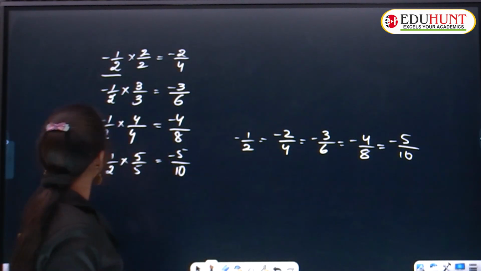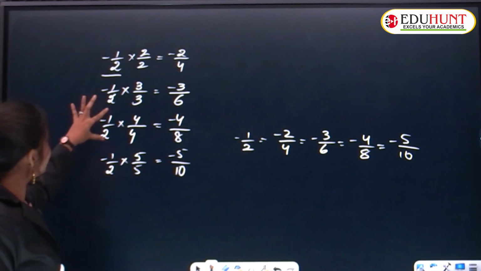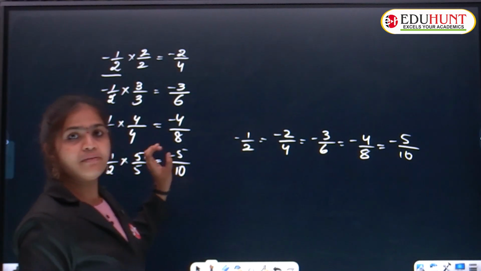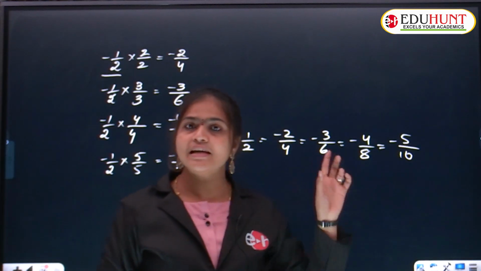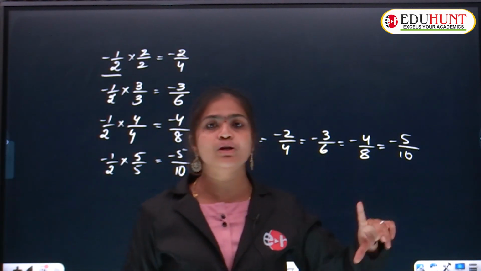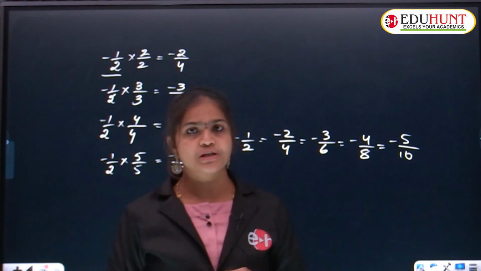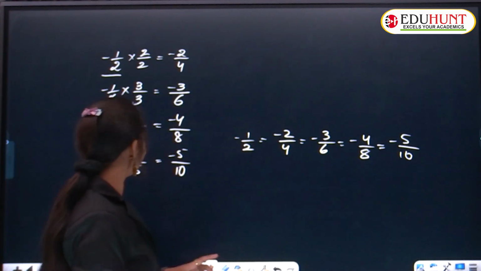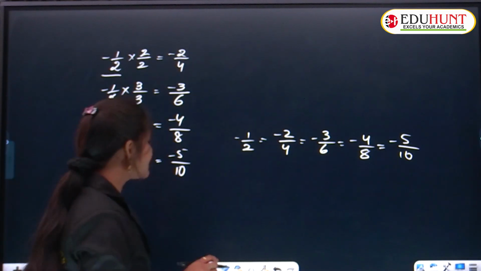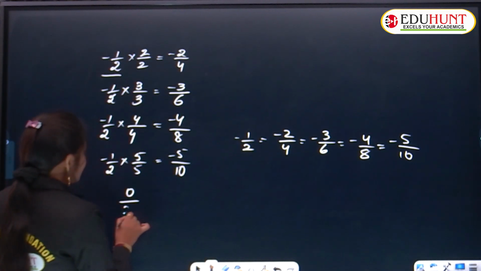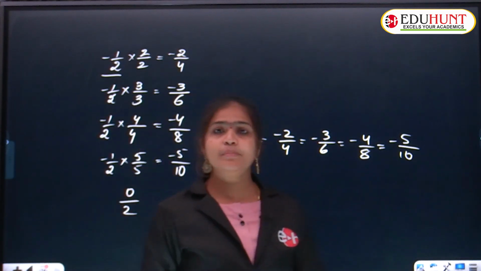Now from this we can say that if rational numbers have a positive sign, we call them positive rational numbers, and if they have a negative sign, we call them negative rational numbers. For example, 0 by 2: is it a rational number or not?